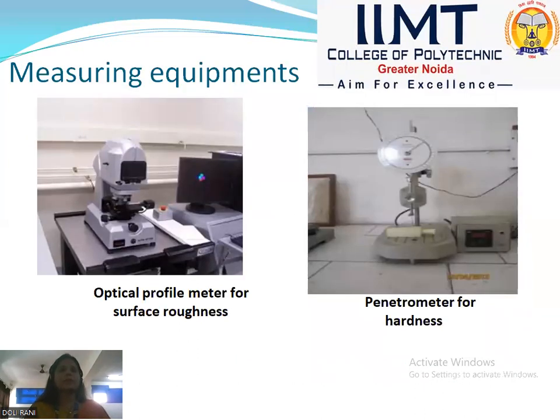These are some measuring equipments which can be used for checking properties, like we can check the surface roughness and hardness of the wax pattern. Suppose we prepared a first pattern of wax, then we can check the properties and it will give good properties.